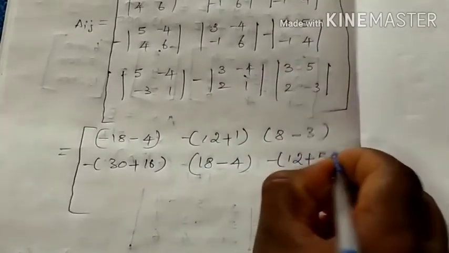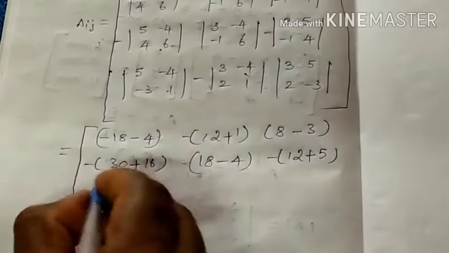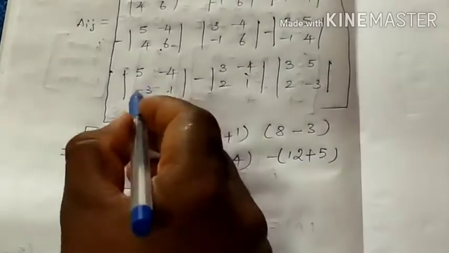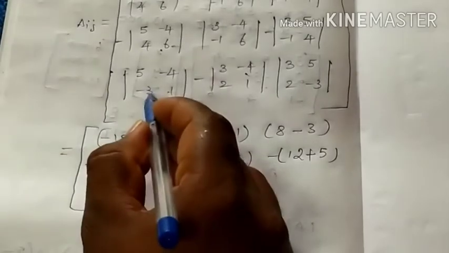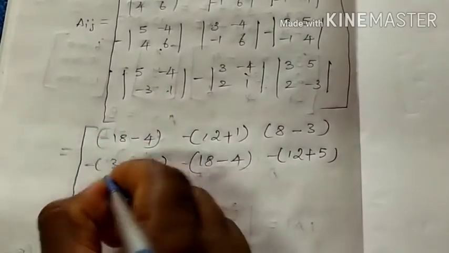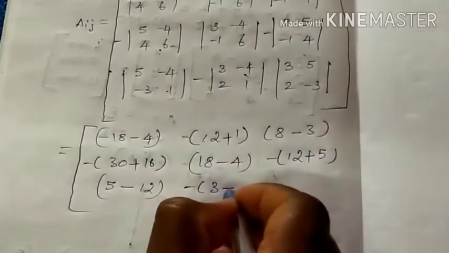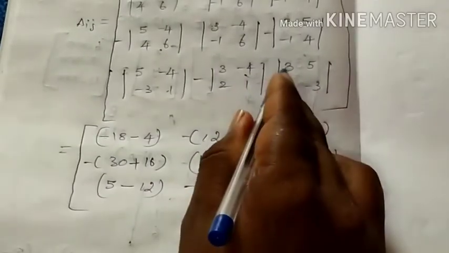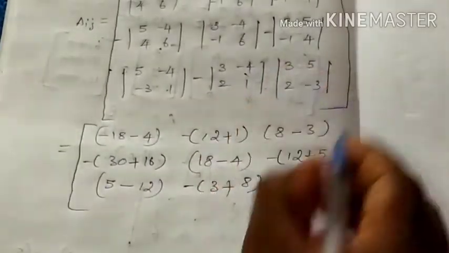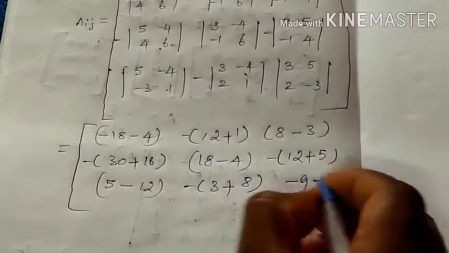Then (4 × 2 = 8) minus (-1 × 3 = 3). Then (-5 × 6 = -30), plus (4 × 4 = 16). Then (3 × 6 = 18) minus (1 × 4 = 4). Then (-3 × 4 = -12), plus (1 × 5 = 5). Then (3 × 4 = 12) minus (-3 × 1 = 3), and (2 × 4 = 8), and (-3 × 3 = -9) minus (2 × 5 = 10).